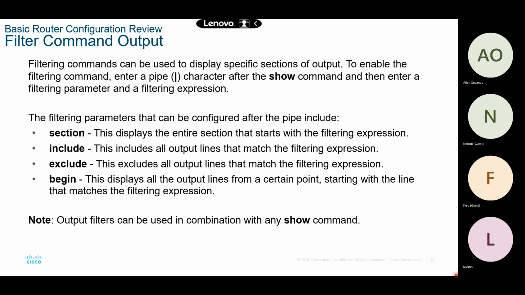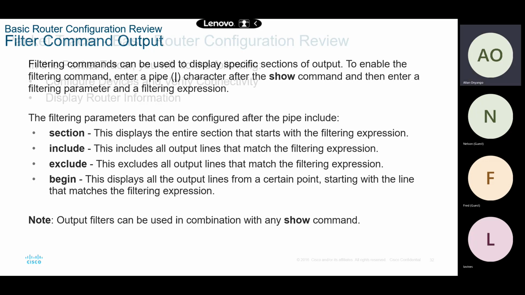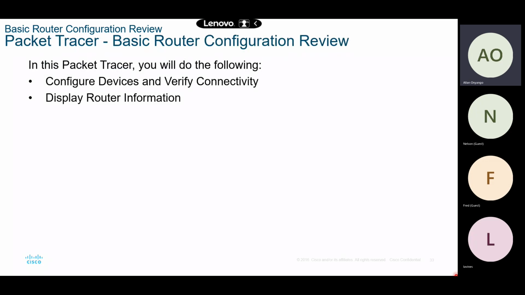I think we have seen them previously. Apart from viewing, for example, the running configuration file, you might just want to view a section, or only include something or exclude something, or even begin at a certain level. So all these are basically the show commands for our work. There will be a small Packet Tracer here, which you will use to remind yourself of the basic configuration commands. And that is something that up to now, you should be able to do.